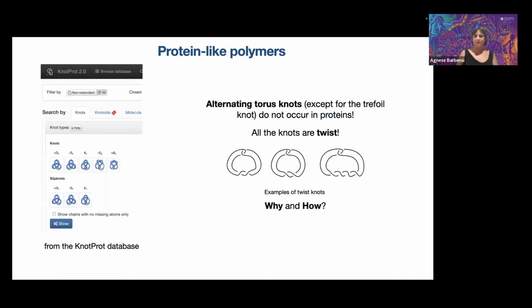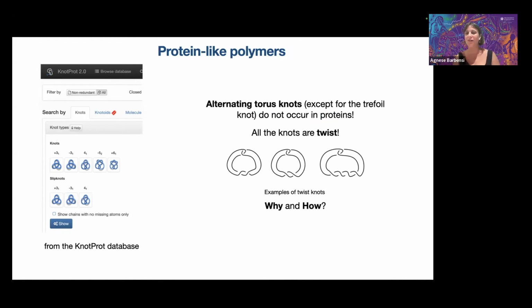Now, if you like knots in proteins, as I do, you know that alternating torus knots are really not a thing for proteins if we forget about the trefoil knot, because all the knots in proteins, at least all the knots in experimentally determined protein structures, are twist.